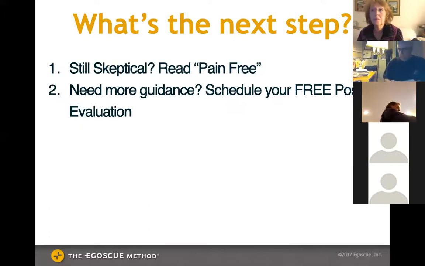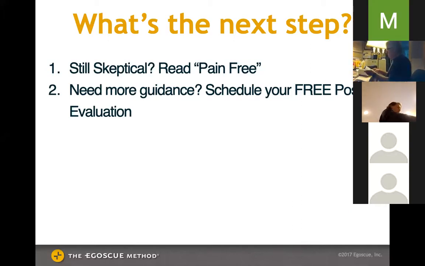Now maybe this made sense to you. You felt some changes in those exercises we did. You maybe saw yourself in some of those pictures we shared, and it's making sense, but you're still not quite sure what you want to do about it, or maybe you've got other issues that we didn't talk about, and you're not sure if this is the right fit for you. Well, I'm happy to sit down with you on Zoom like this to go over your specific situation.